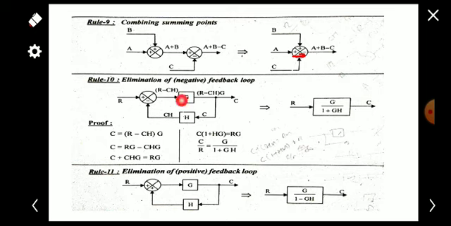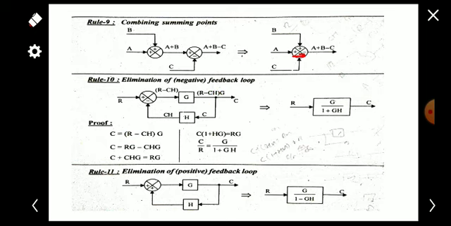So if such feedback loops are there, we can simply replace that loop with a single block having the transfer function G by 1 plus GH. So the output C by R will be G by 1 plus GH, where G is the forward loop gain and H is the feedback loop gain.